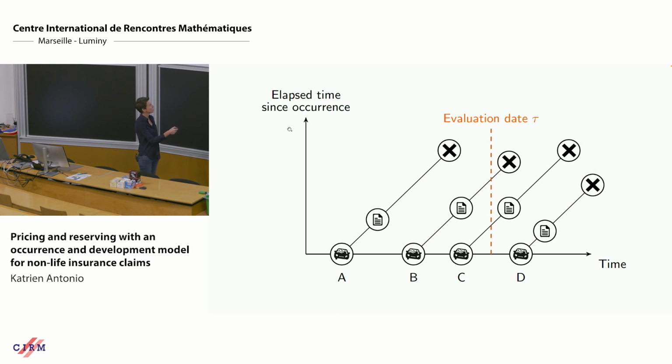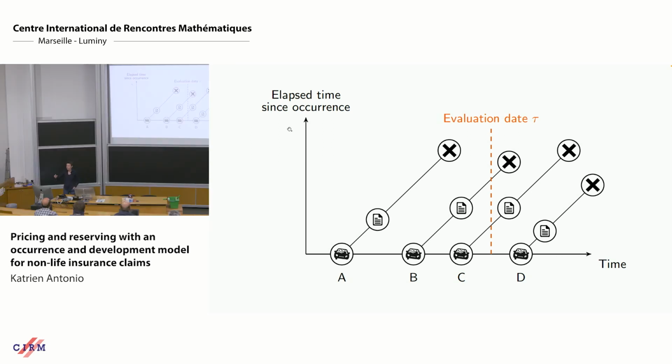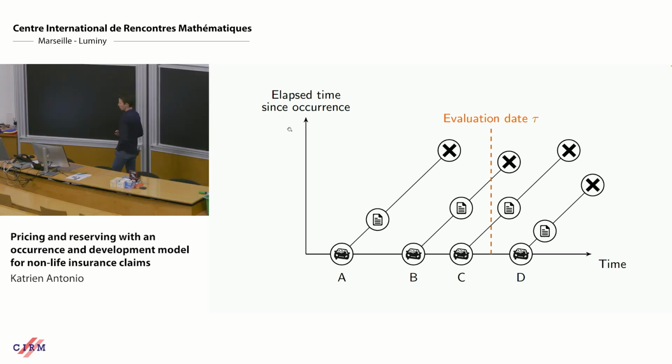Claims which have been reported already, like this one, claim event B, but are not yet settled, the typical RBNS setting, reported but not settled. But also claims that occurred already but are not even yet reported to the insurance company, so the IBNR problem.